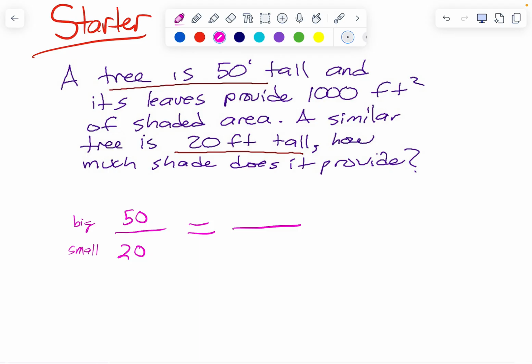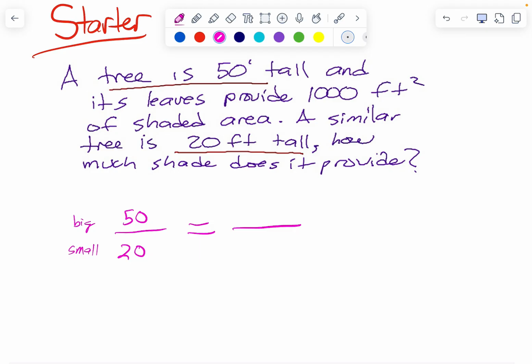Does that matter? Does small to big versus big to small affect anything? Not in cases like this, it doesn't. Remember, if I say what's the scale factor, then you need to say, well, are we going small to big or big to small? So we do need to make sure of that.